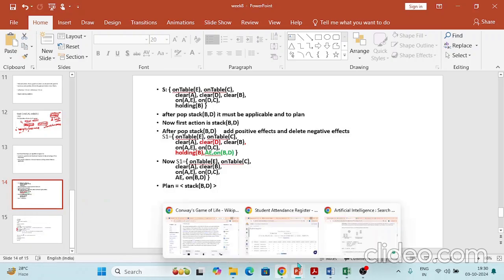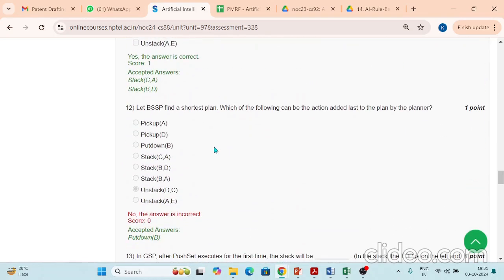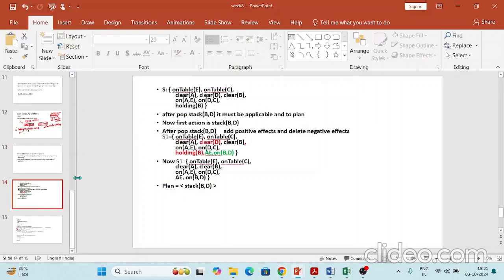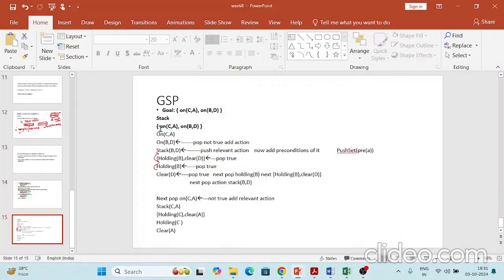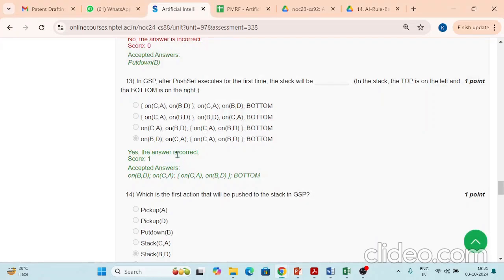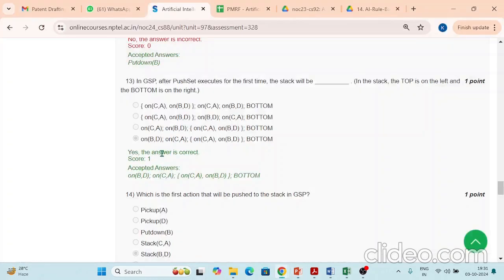Now we will see our questions, what they asked. In goal stack planning, after the first push executes, what will the stack be? The first time we push into the stack, these are the things we have: on C A, on B D. From the bottom onwards we wrote on B D, on C A, and the both goals in flower brackets.